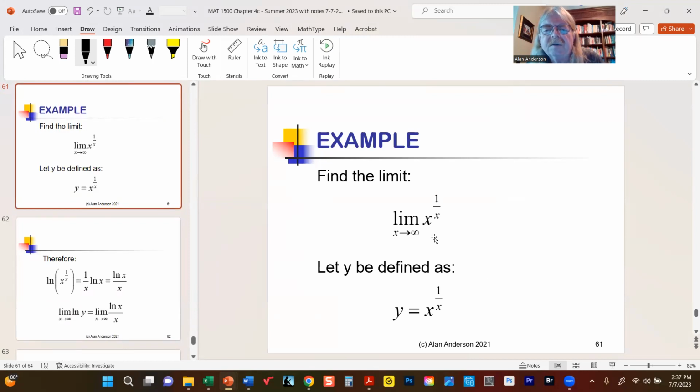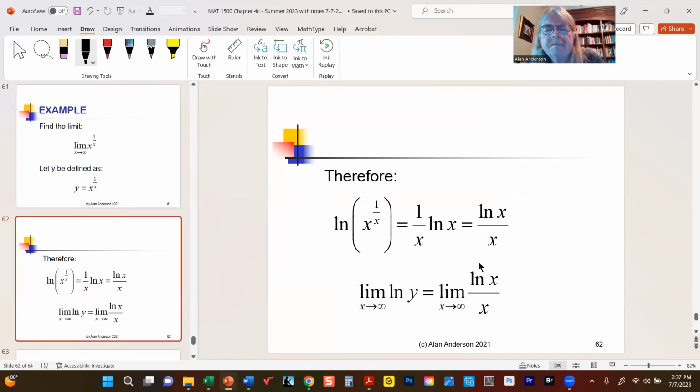So here, for example, y will be x to the 1 over x, which based on the properties of logarithms can be rewritten as 1 over x log x, or log x over x. So the limit of the log of y, okay, so this is y.